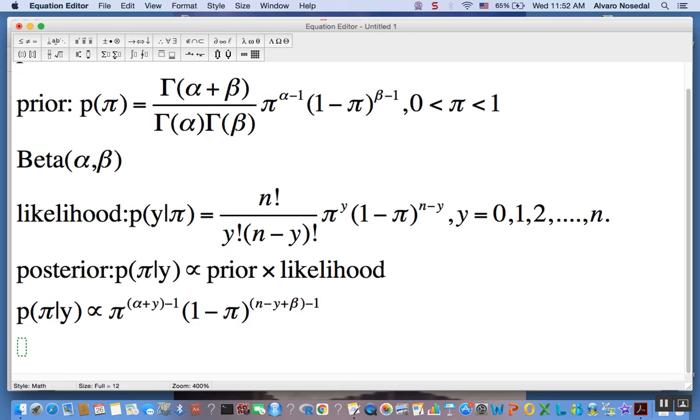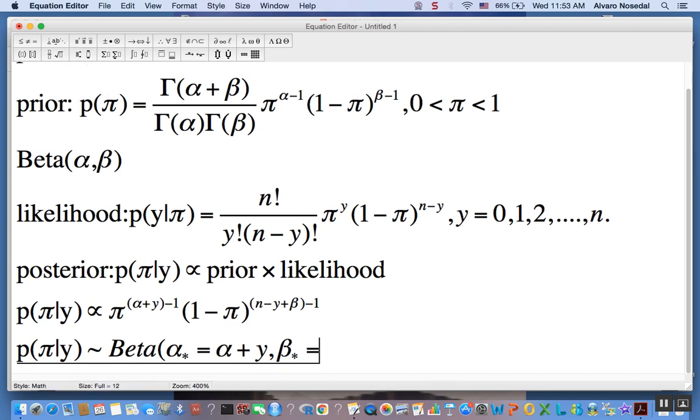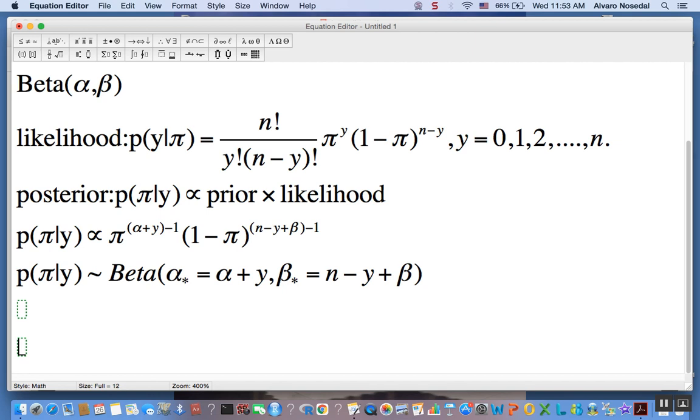So usually what we say is that our posterior distribution is beta with parameters alpha star, which will be alpha plus y, and beta star, which will be n minus y plus beta.